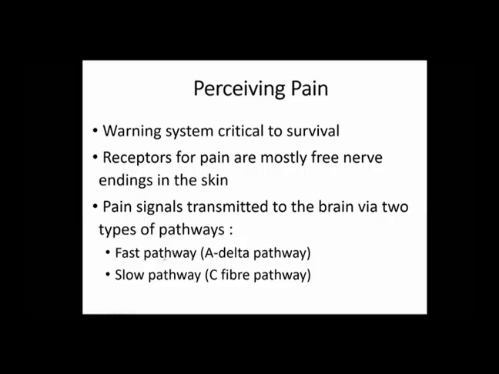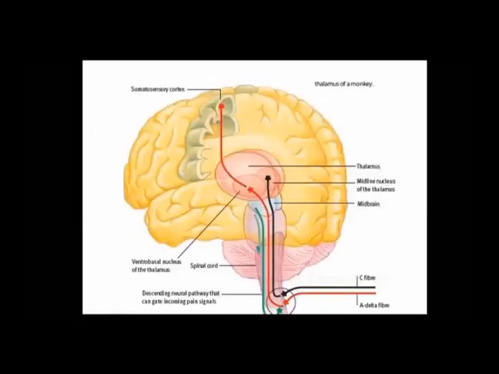Now, for these fast and slow pathways, we can actually look at them over here. So the fast pathways are these alpha or A delta fibers, the red ones. The red ones are going a longer distance, but these neurons are specifically myelinated, which, as we talked about in an earlier chapter, means that they're going to have a faster signal.